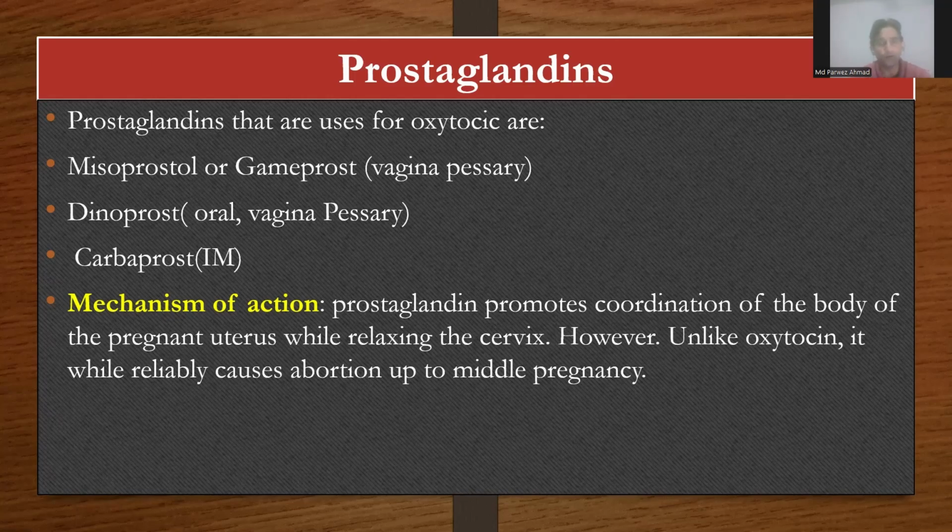Now, what is the mechanism of action of prostaglandin? We know that prostaglandin has strong uterine contractile properties. That's why this type of drug is used for termination of pregnancy or ripening of the cervix.